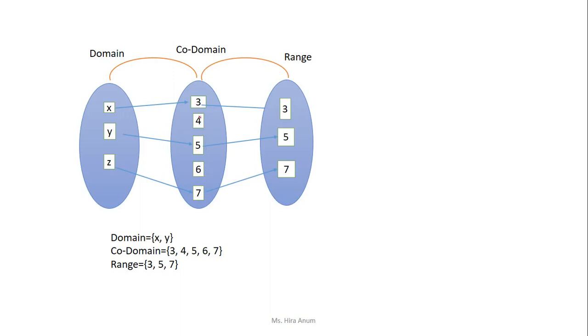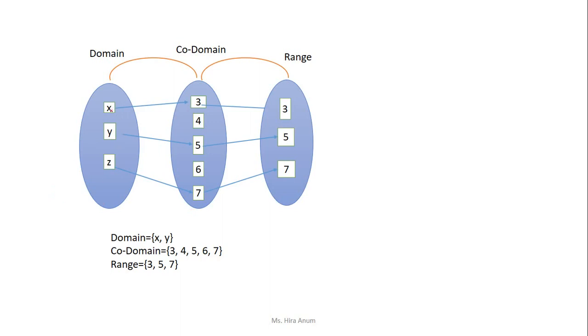Three numbers relate with the values of the domain, but 4 and 6 do not relate with any number. But these are the possible numbers which can be used to relate with the domain. So this is called the codomain set. 3, 5, 7 is the range.